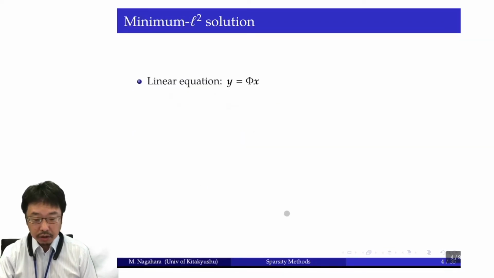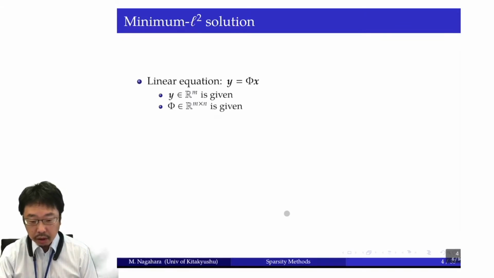As usual, let's consider the linear equation y equals phi x, where y in R^m is given, and the matrix phi, m times n, is also given. The vector x in R^n is unknown.